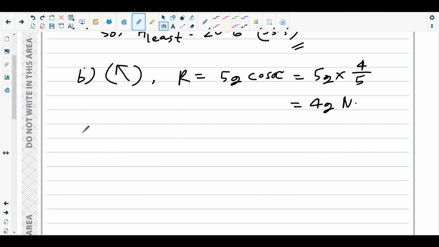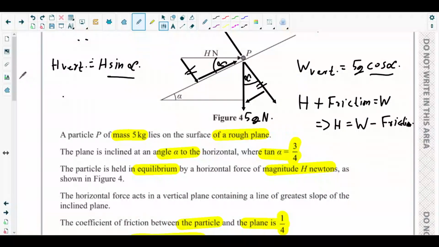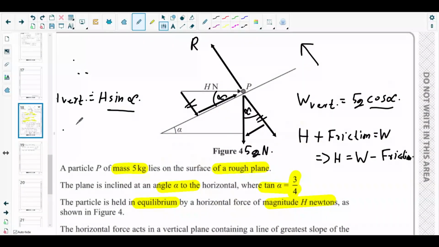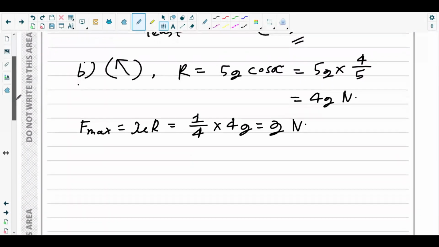So we need to find the maximum friction F max, which equals mu R. This is the new friction, because after H has been removed, the contact force has decreased, and therefore the new maximum friction force would be just g Newton. The value for mu is 1 over 4, yes. Perfect. This is g Newton, the maximum friction force.